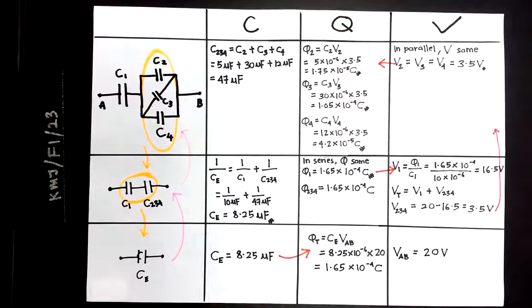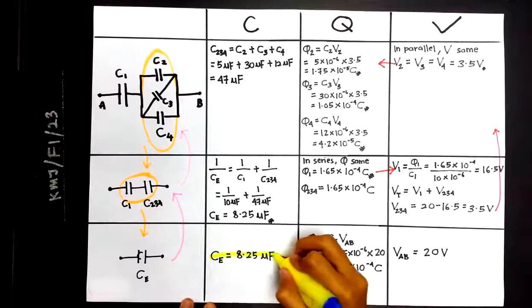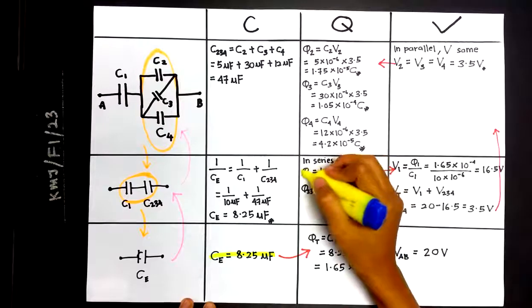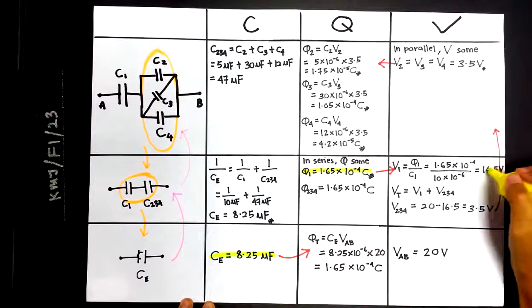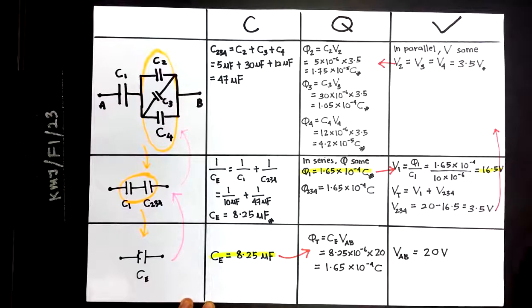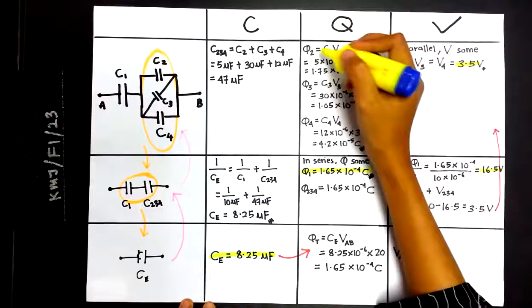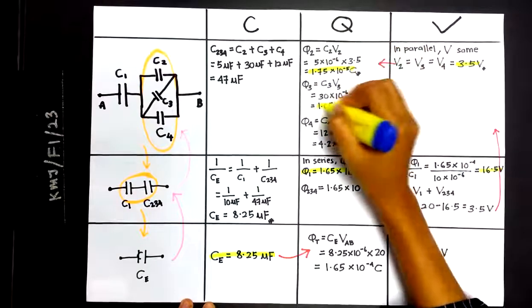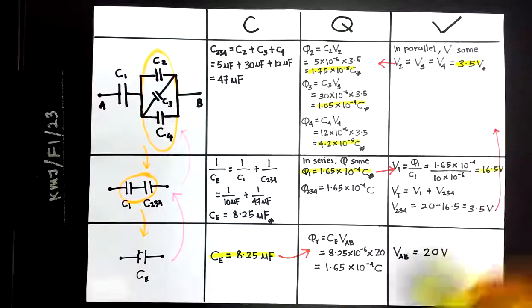So there you have it, all the answers for question A: the C effective, the charge on capacitor 1, the voltage on capacitor 1, the charge on capacitors 2, 3 and 4, and also the voltage for 2, 3 and 4.